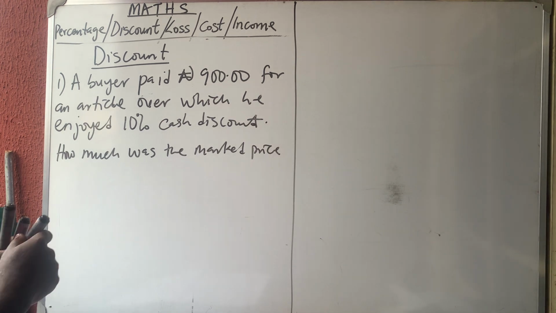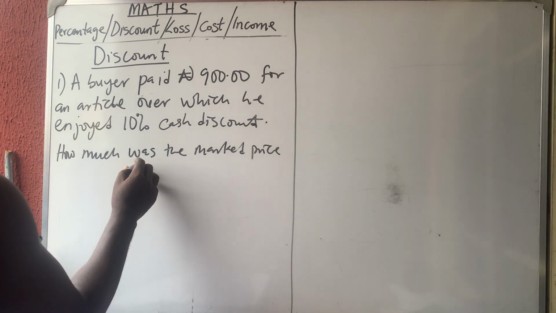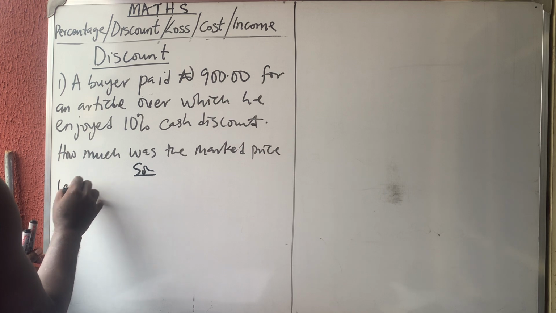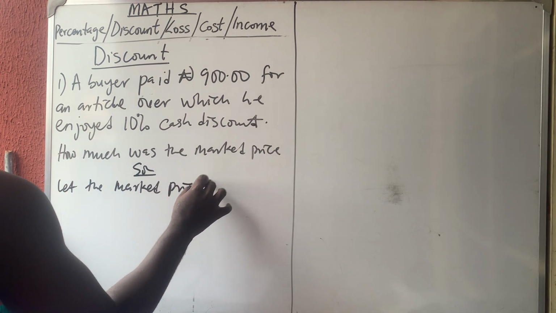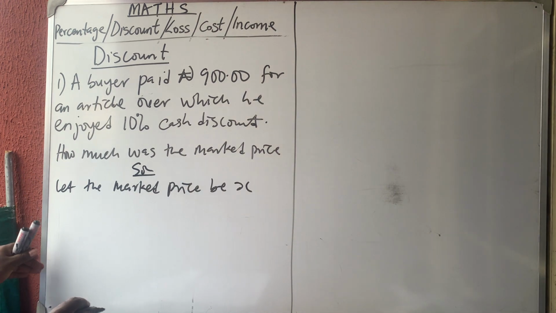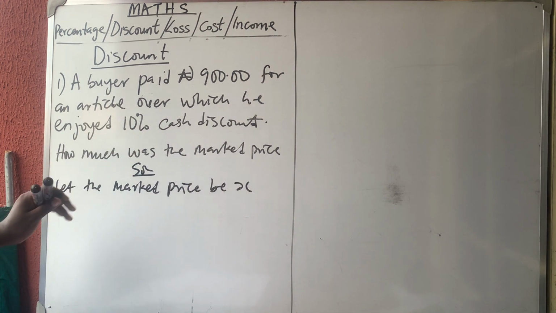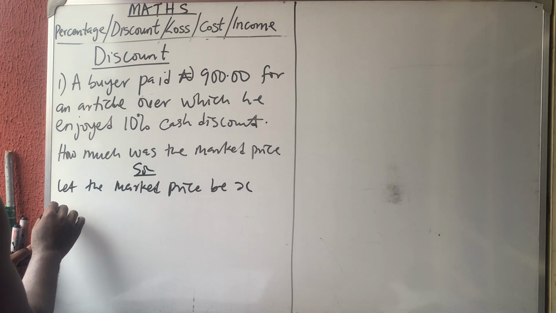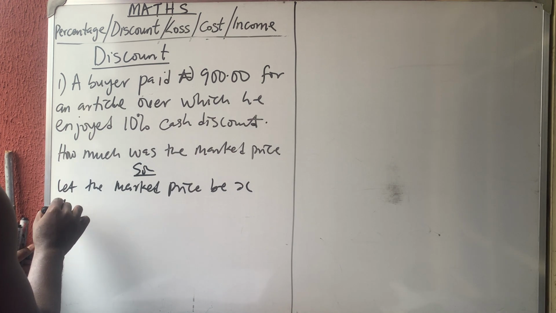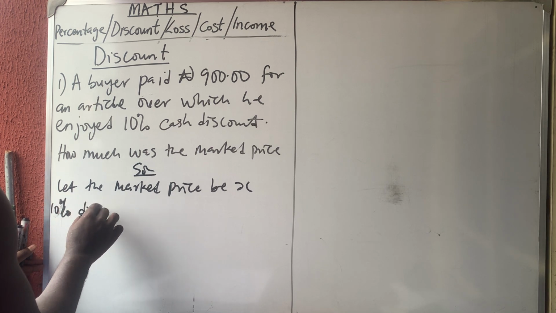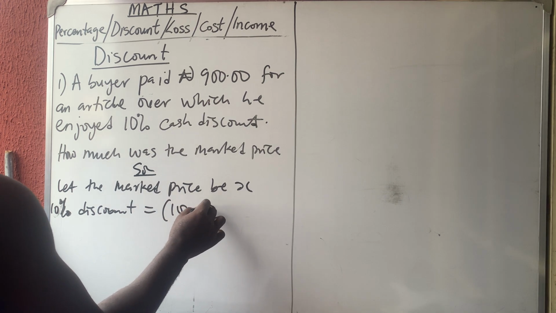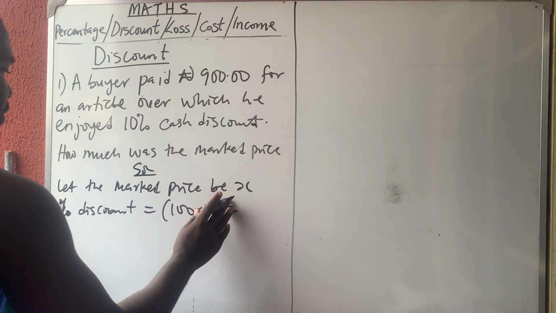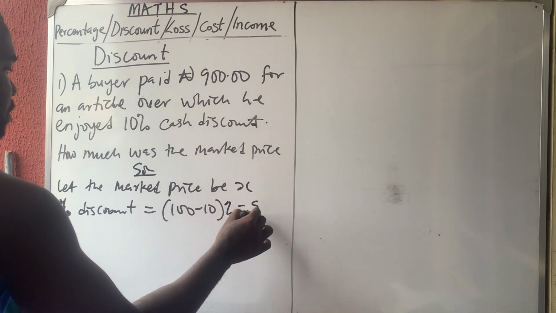All right. So solution, you can tell them, let the marked price be x. Since he enjoyed 10% discount, that is the same as saying 100 minus 10, which in percent is 90%.